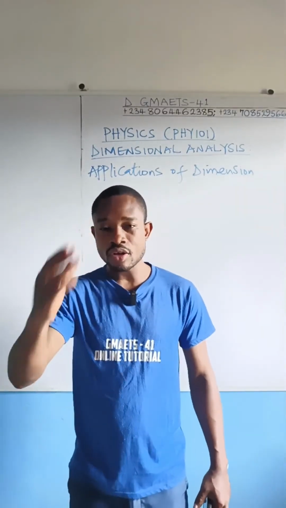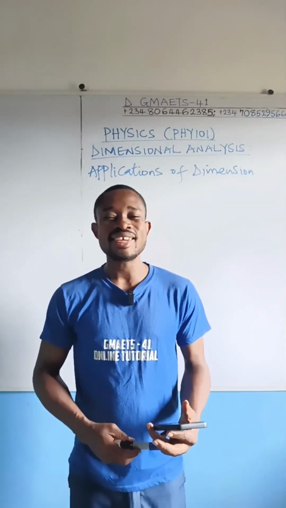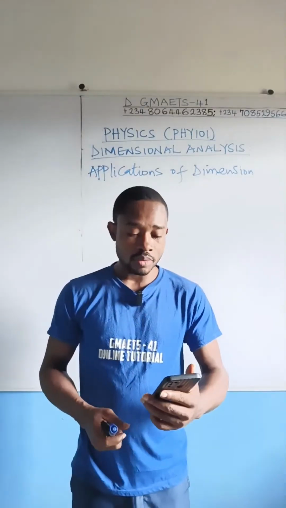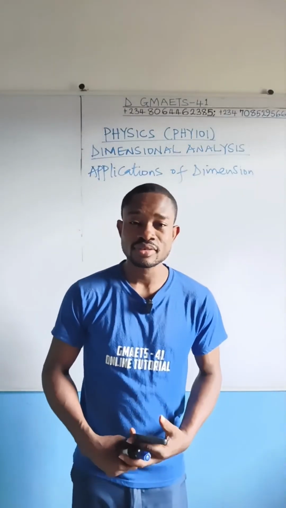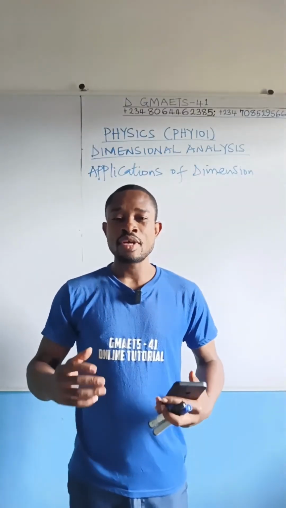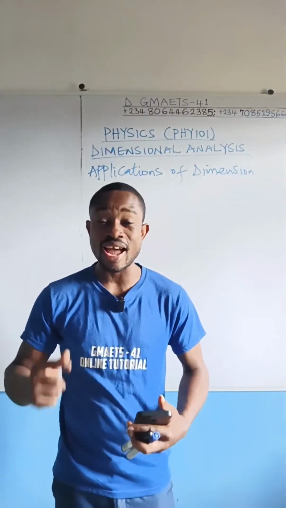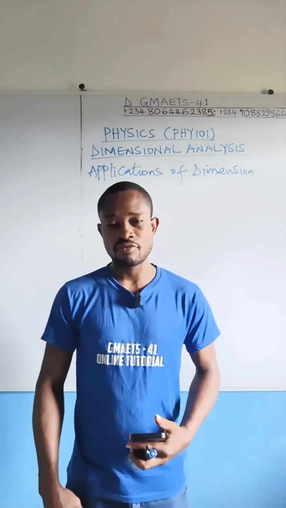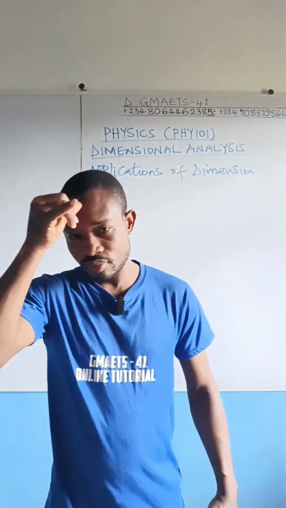So think about all the formulas we have in physics. I can ask you, are those formulas correct? If you say yes, how do you know that they are correct? The knowledge of dimension can help us to establish the correctness, the consistency, the accuracy of a formula. That is one application of dimension.